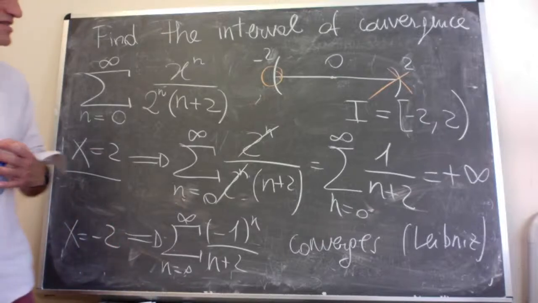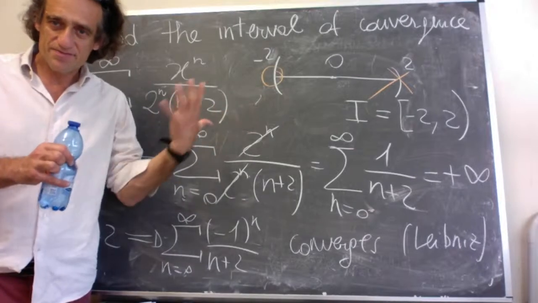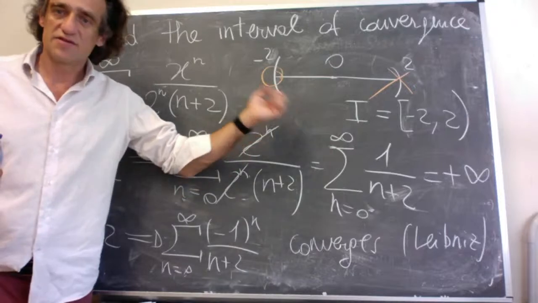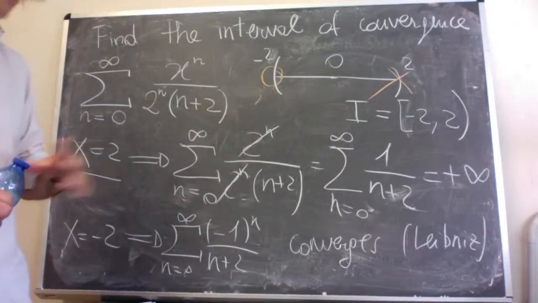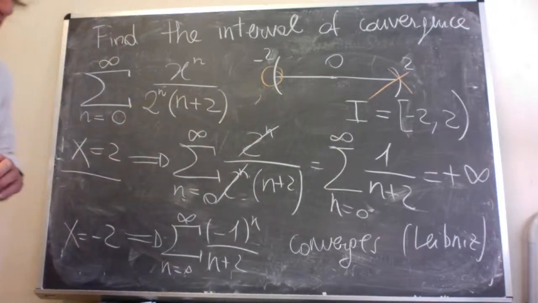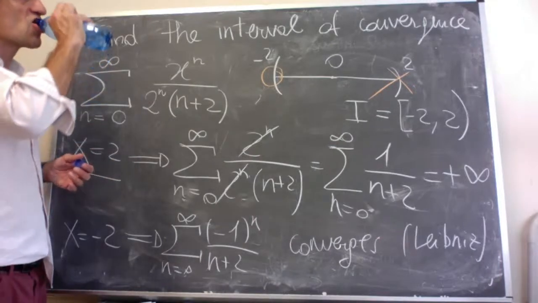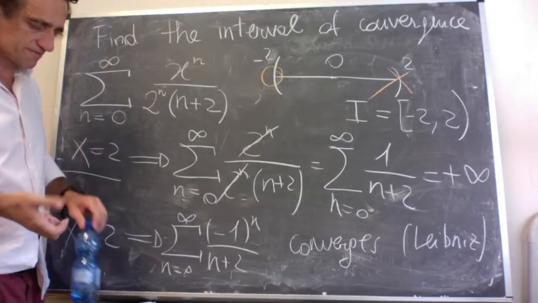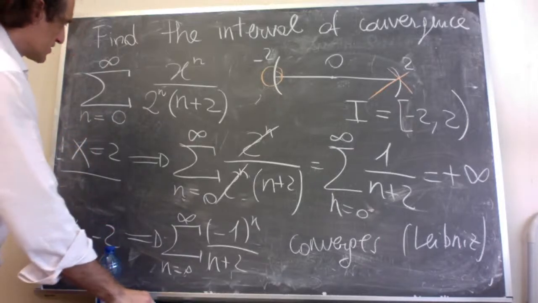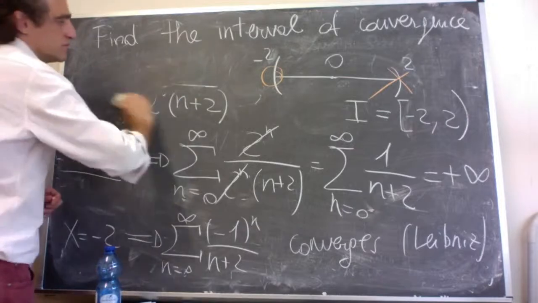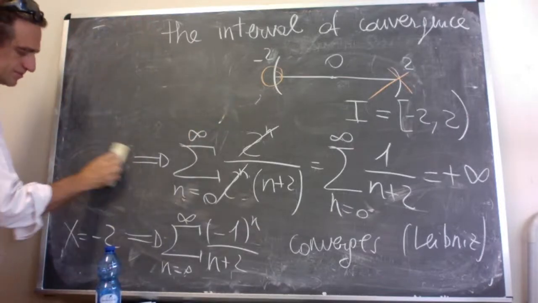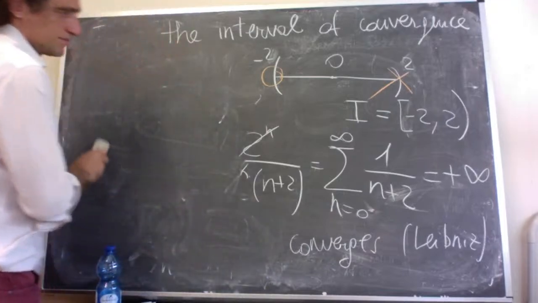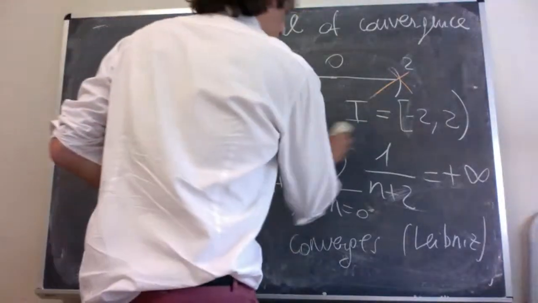Notice that this series moves the interval of convergence, so it magnifies by 2 the interval of convergence of the first series. So we can immediately verify it in a very direct way.